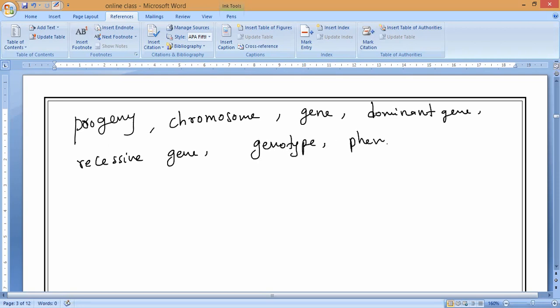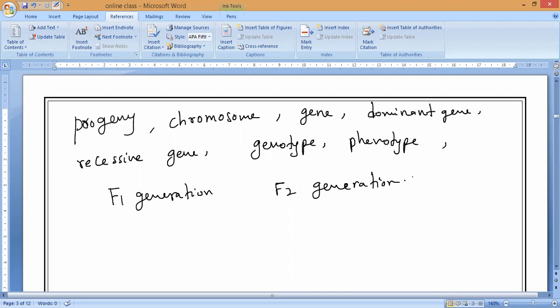Next is phenotype, then F1 generation, and next F2 generation. If you understand the meanings of these words, then only we can understand Mendel's experiment for transmission of characters from parents to the offsprings.